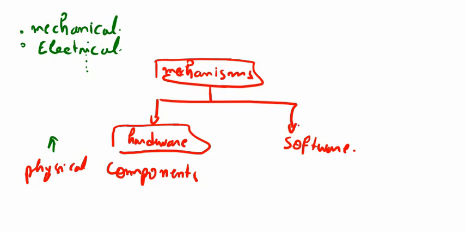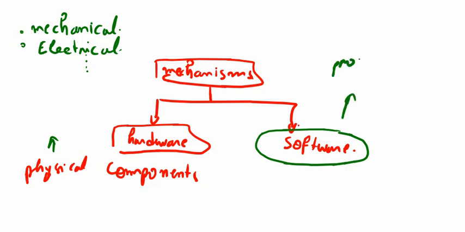These components are linked together by some links and other components, and these components are controlled and driven by a certain program. So this is the role of computer programming.